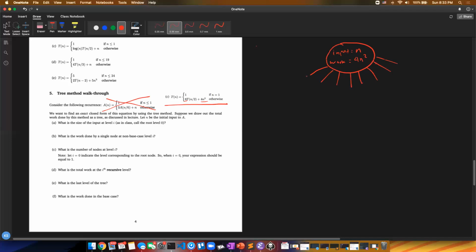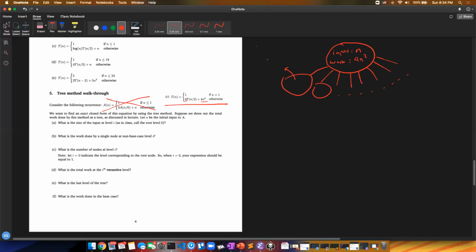All right. And each recursive call is going to have its own input and work, and so forth. I'm not going to draw all of these out, just for the sake of time and my hand. So for here, we know that when we go into our first recursive call, our input gets divided by 2.